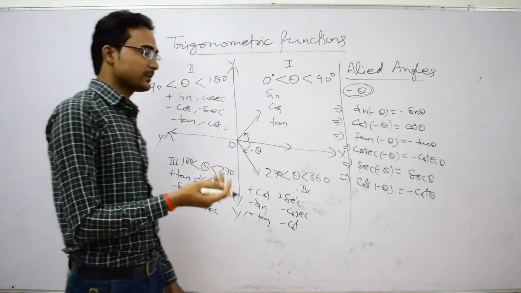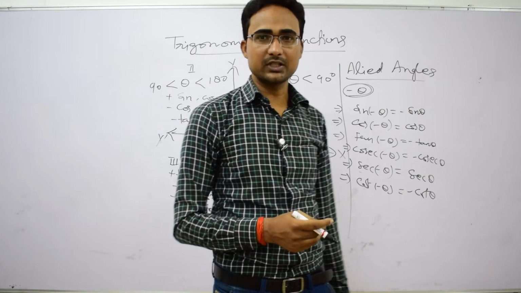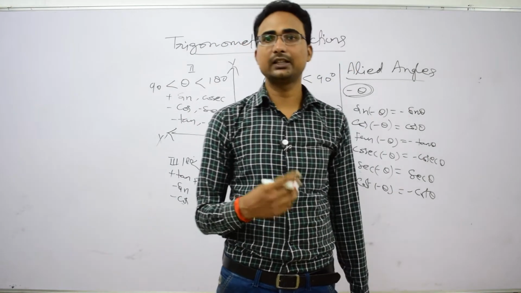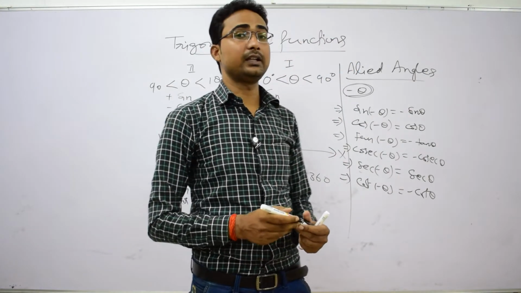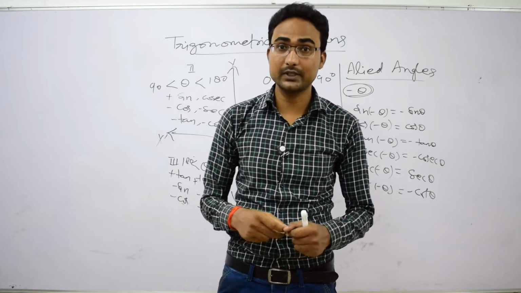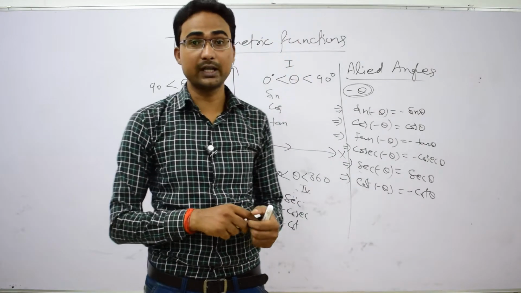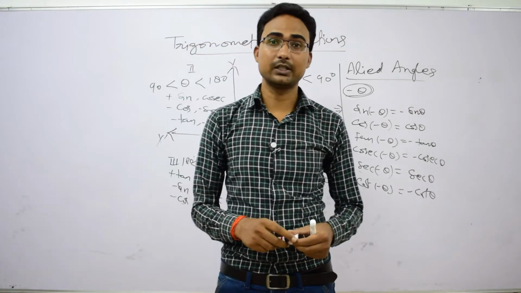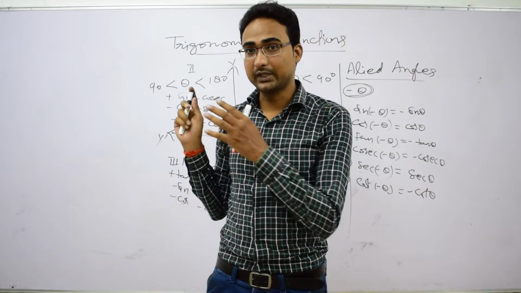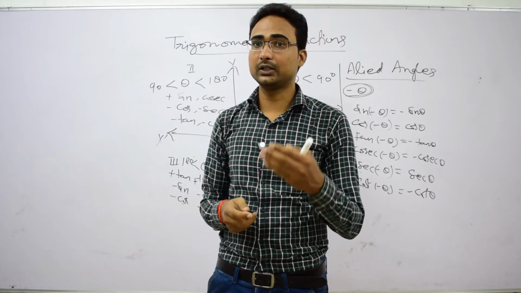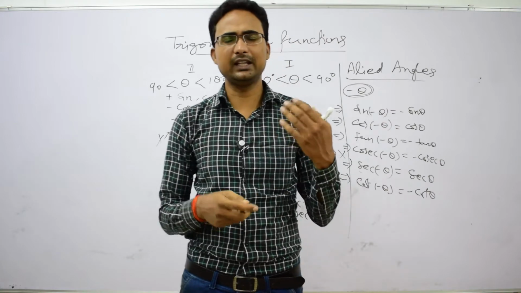Now, 90 plus minus theta, 180 plus minus theta, 270 plus minus theta, 360 plus minus theta, and more than 360 if given. So, how can you find the angle? This is very important, like if you want to find 1020 degrees. With the help of the allied angle formula we can find 1020 or 1000, anything that is given.